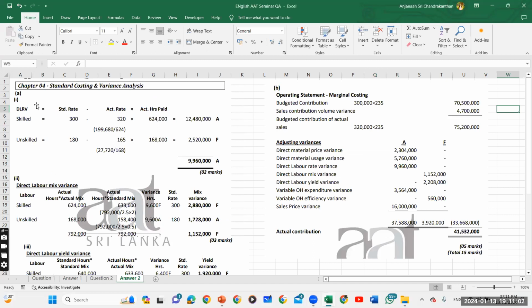So you get the first one, direct labor rate variance. You have to take the standard rate minus actual rate and multiply by the actual hours paid for. Remember, for skilled labor you take the actual and the standard rate.